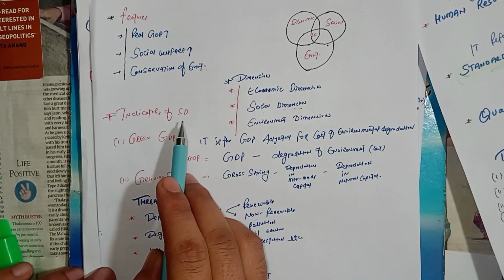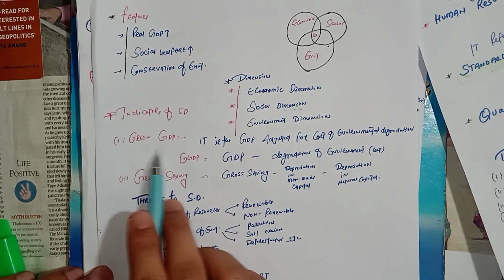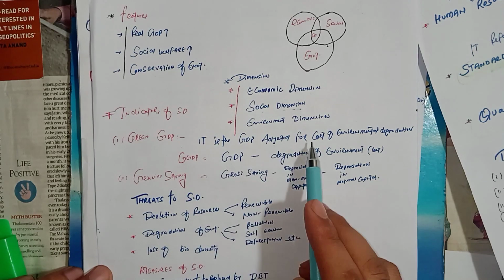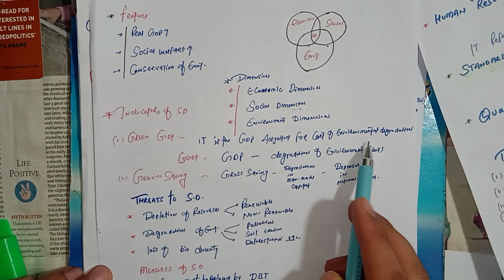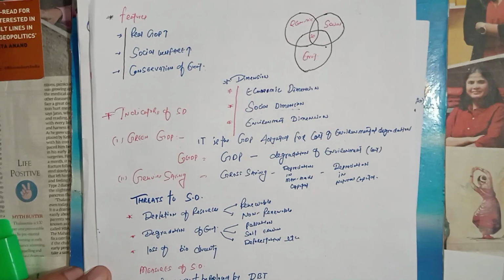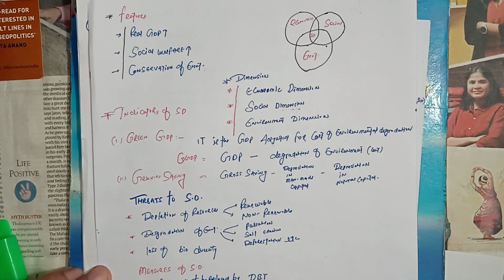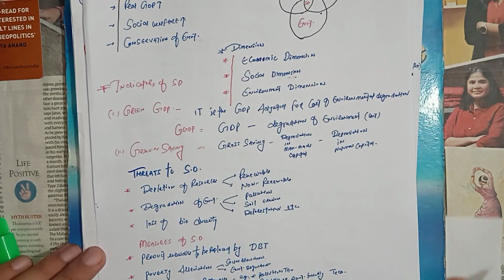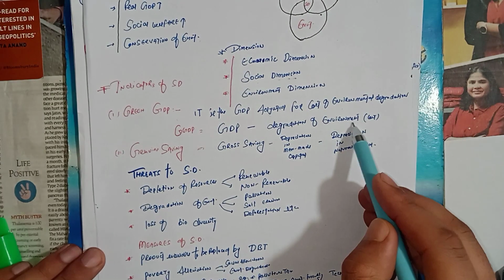And indicators of sustainable development: green GDP. Green GDP means the GDP adjusted for the cost of environmental degradation. Green GDP is equal to GDP minus the environmental degradation cost.